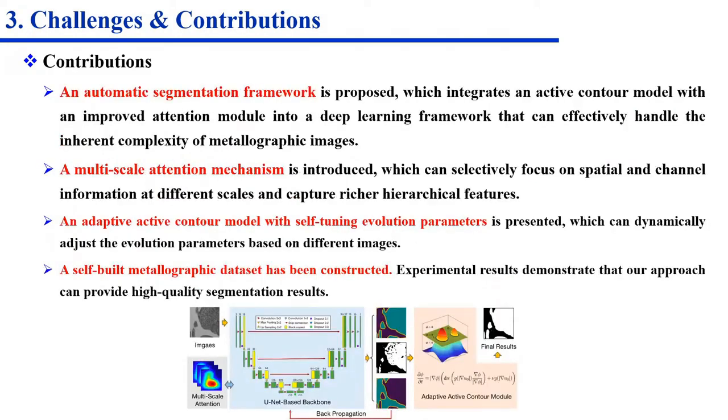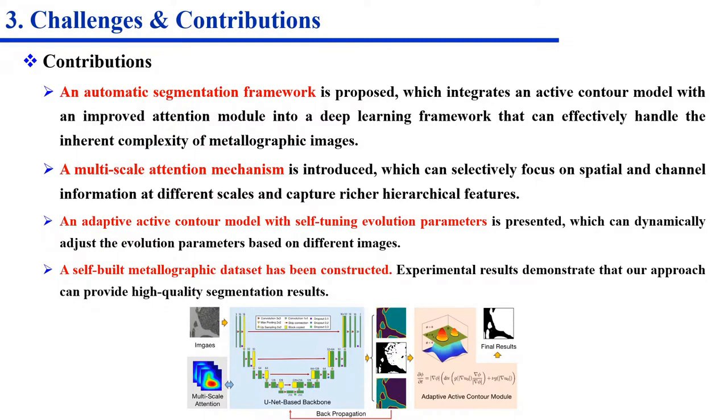Before formally introducing specific methods, let's take a look at the main contributions of this work as a whole. First, an automatic segmentation framework is proposed, which integrates an active contour model that can effectively handle the inherent complexity of metallographic images.